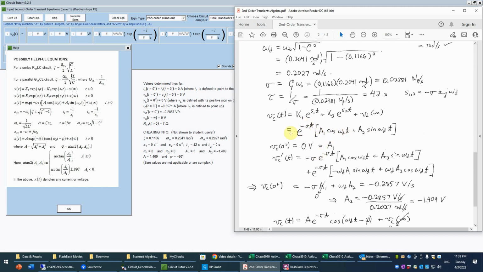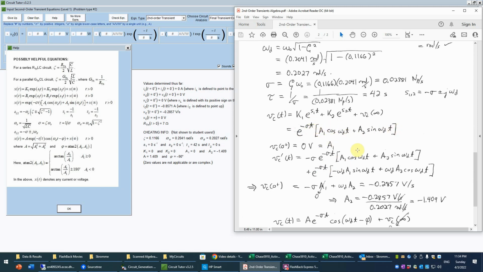If we differentiate this first, that brings down the coefficient of the t, which is negative sigma. So we have negative sigma, and then we get the exponential back, and this part is unchanged. And then the second part is where we keep the exponential and differentiate this part. It doesn't matter which order we do them in since they're added.